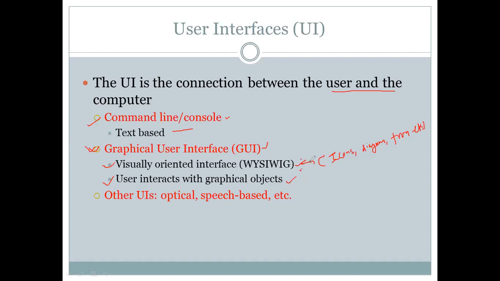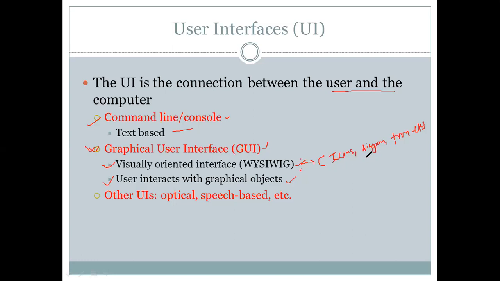But in this case, the user is directly interacting with graphical objects such as diagrams and forms, and the user can directly manipulate them with the help of a pointing device like a keyboard and mouse, and simultaneously gets feedback from the computer.